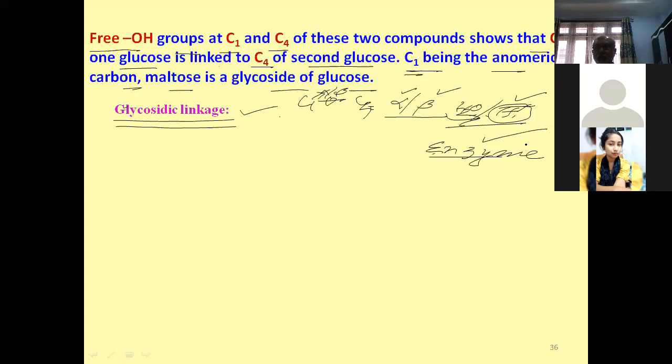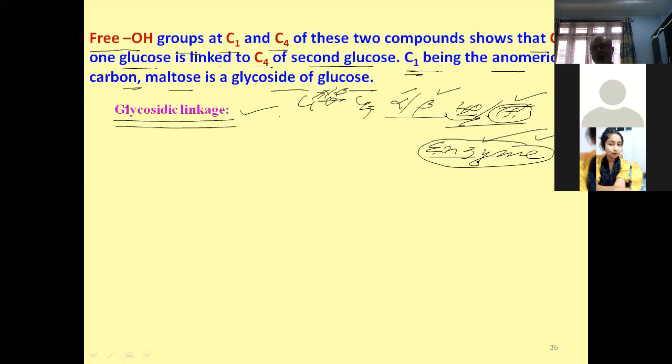So we have to choose a specific enzyme and test with alpha glycosidase, because this enzyme's name will be something like that, and also test with beta glycosidase. Or we take a known enzyme which we know is going to hydrolyze alpha or beta, and then test it with maltose.